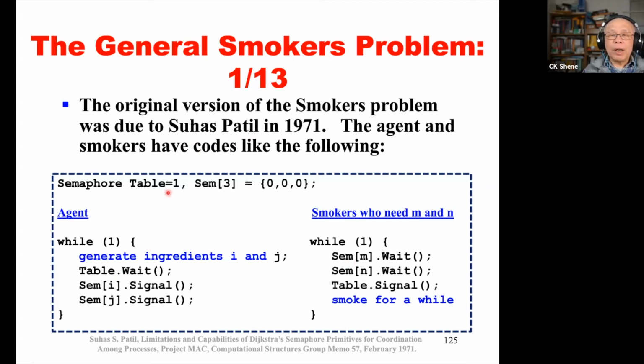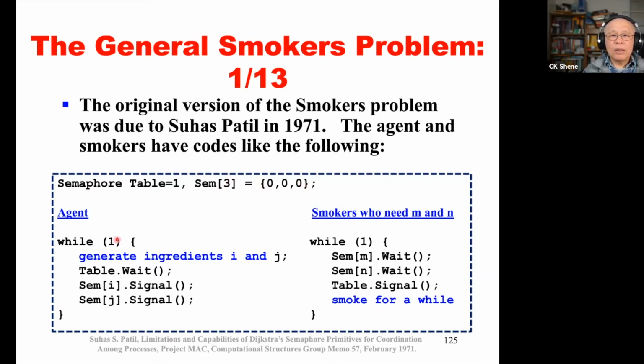We still have a table with initial value 1. And we have 3 semaphores with 0, 0, 0. But this time, each semaphore only represents 1 ingredient. That is semaphore 0 corresponds to ingredient 0, semaphore 1 corresponds to ingredient 1, and so on. Rather than 1 semaphore representing 2 ingredients.